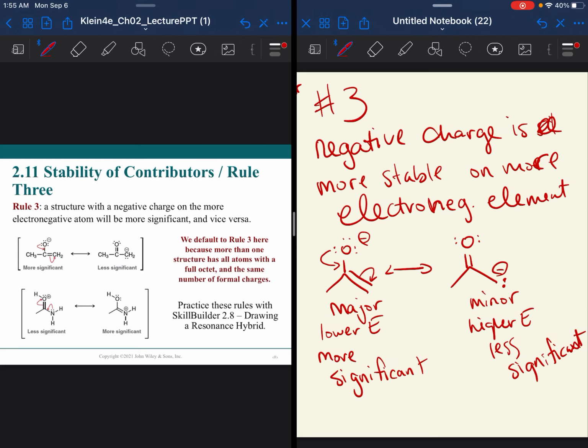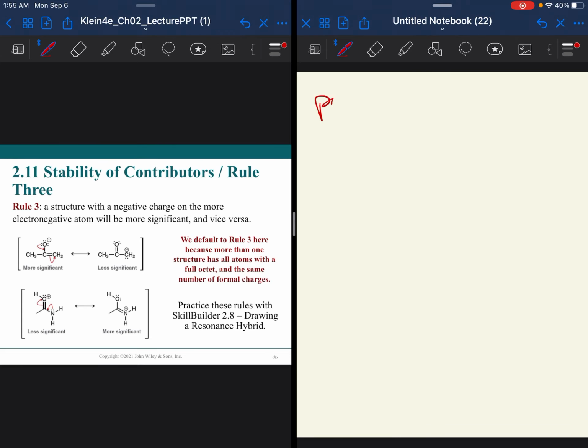Now, as an extension of Rule 3, if you have a positive charge, and now we can't be talking about on carbon here, because if you have a positive charge on carbon, you don't have a full octet, and that's going to hop to Rule 1, right?